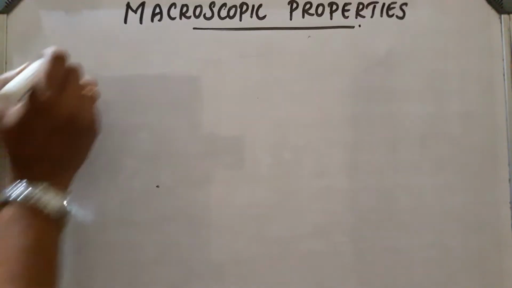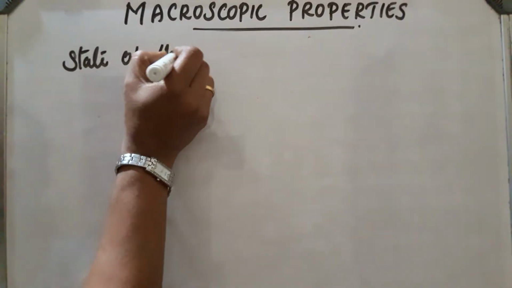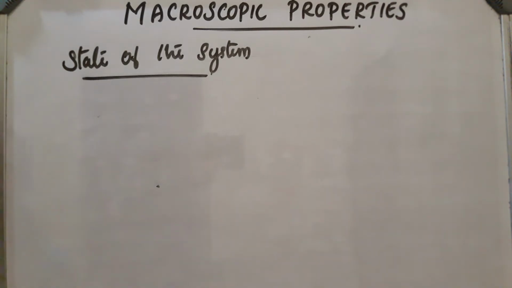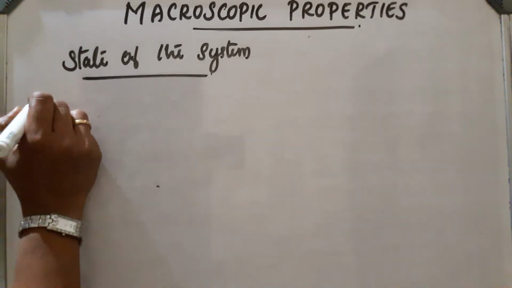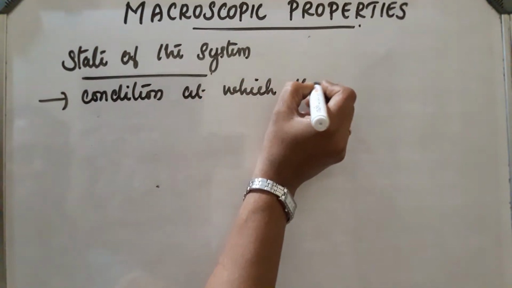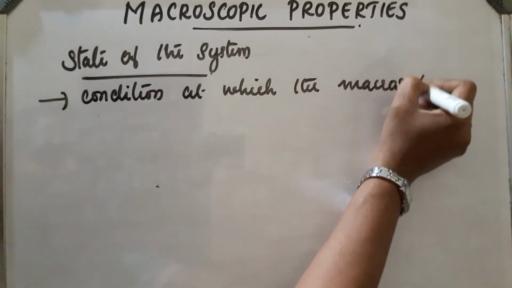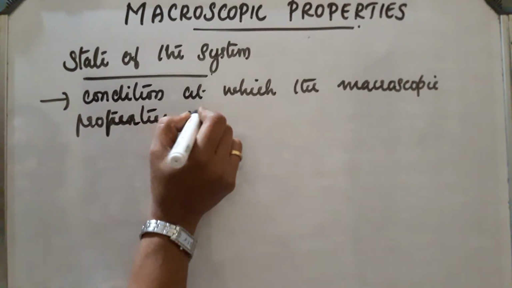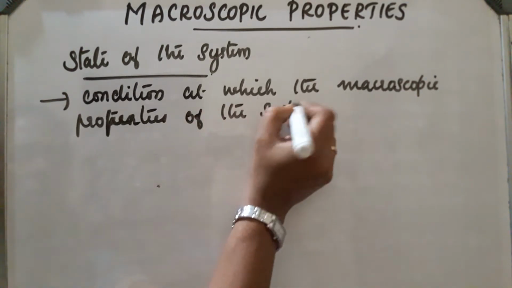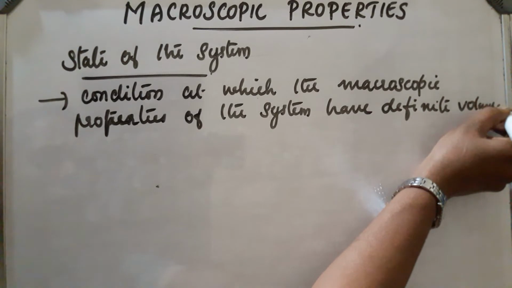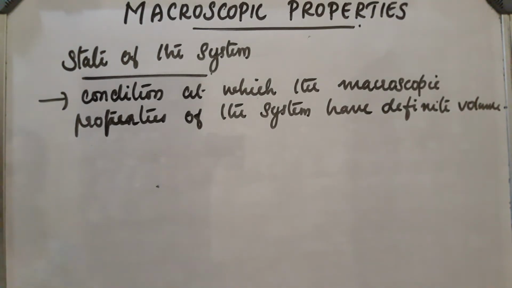Next, state of the system. It is the condition at which the macroscopic properties of the system have definite values.